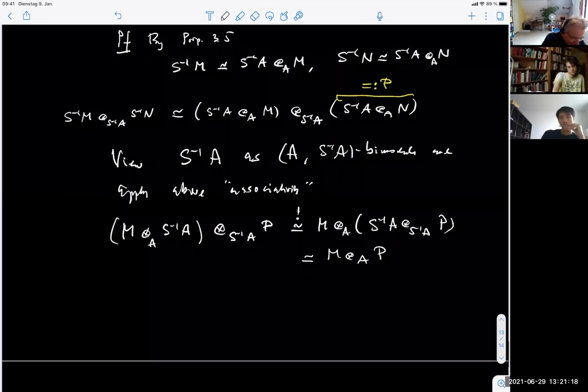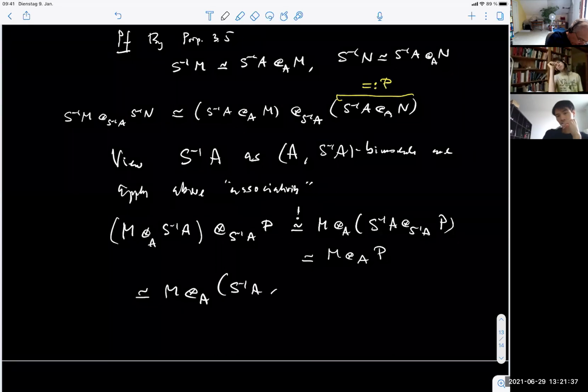Now I continue. Okay, maybe I rewrite. So this is, now I plug in what P means. Okay, good. But now these are just A modules. This is also associativity, but a little bit easier.